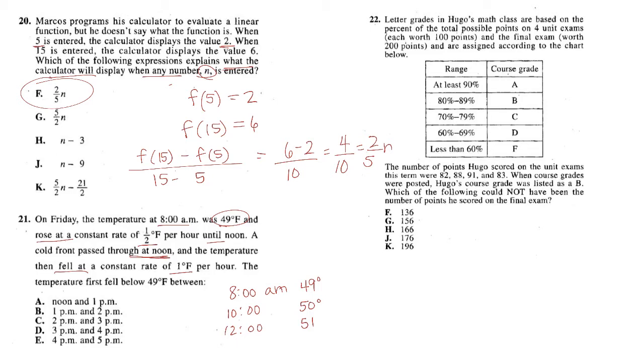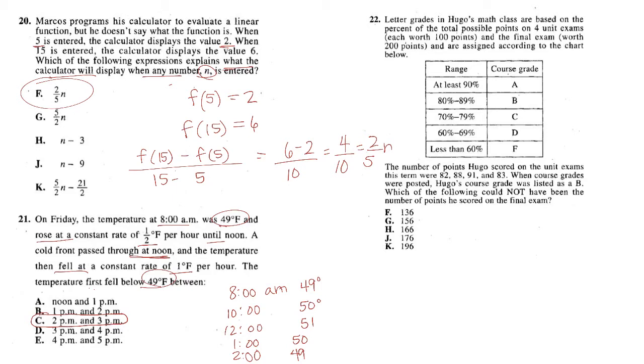Let's see, the temperature first fell below 49 degrees between... So then I know at 1 o'clock, the temp is back down to 50. And then at 2 o'clock, the temperature is down to 49. So somewhere between 2 and 3 o'clock is when we're going to hit below 49 degrees.